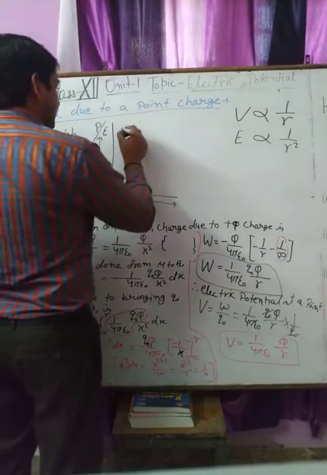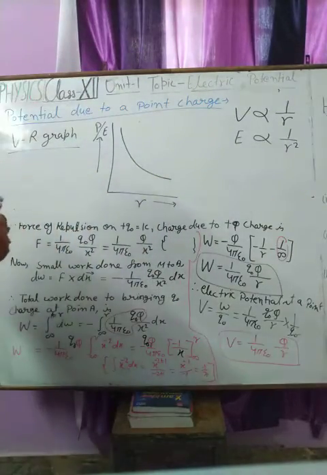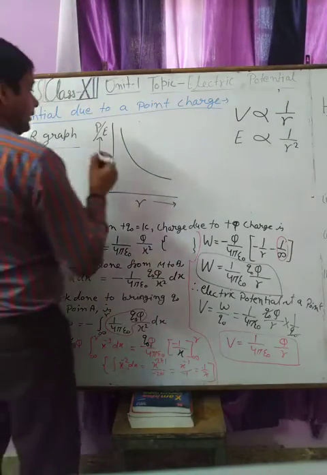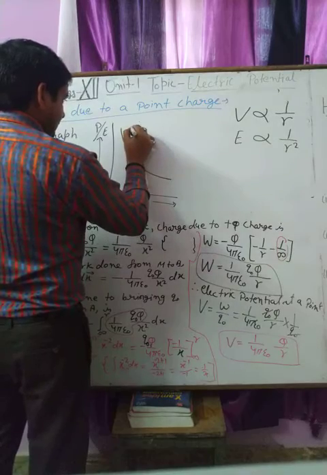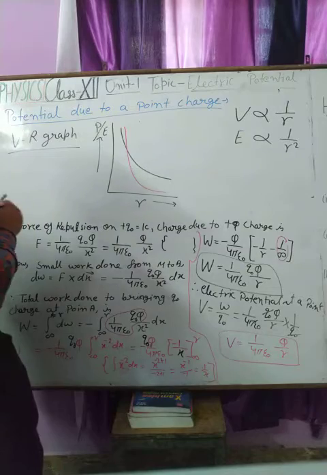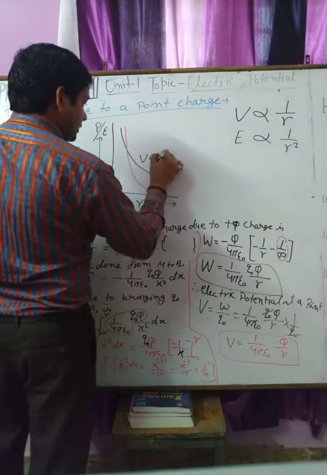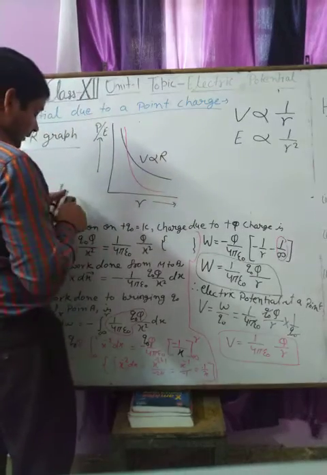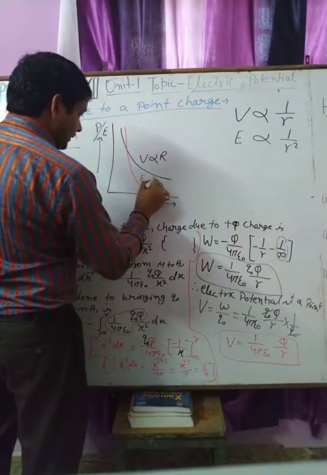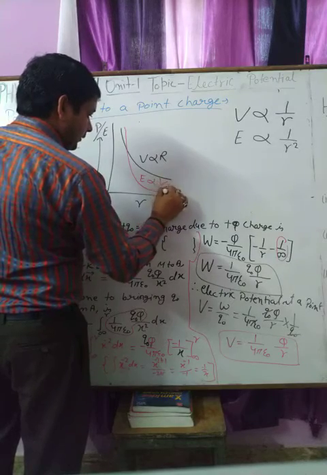We find the potential is depleted slower than the electric field. This is the depletion of electric field. So this is V is proportional to 1 upon R, and this is E is proportional to 1 upon R square.